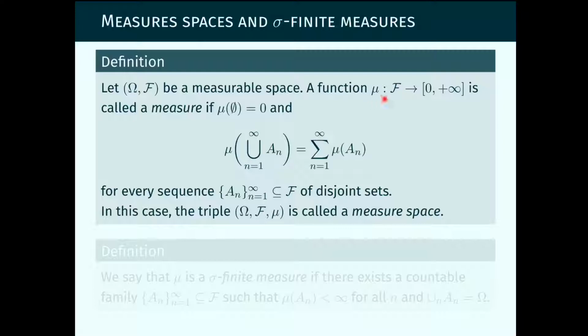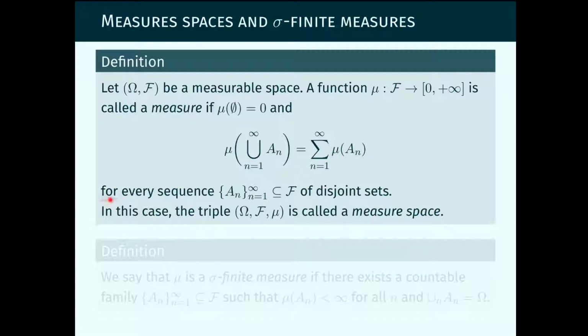So such a function, in order for it to be called a measure, has to satisfy two properties. The first one: the measure of the empty set is 0. And the second one is that the measure of a countable union of disjoint sets, all of which are members of the sigma algebra, is given by the countable sum of the measure of each of these sets alone.